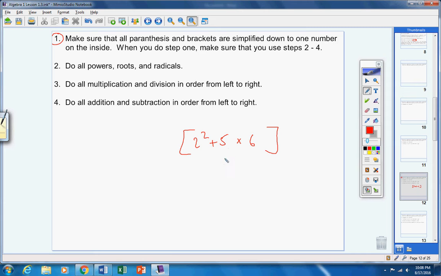When you're trying to simplify it down to one number, make sure you use these steps here, like do all your powers first, and multiplication, then addition and subtraction. Alright, so step 1, simplify your parentheses and brackets down to one number.